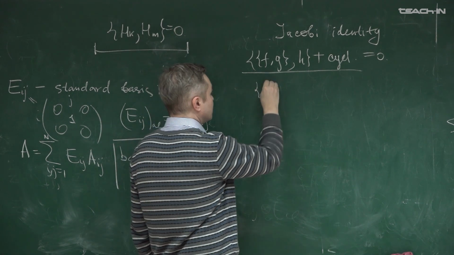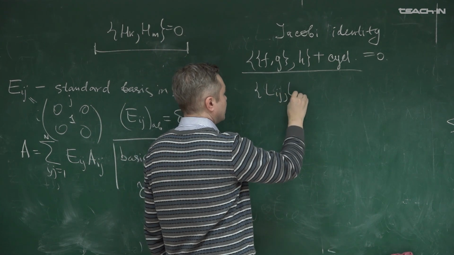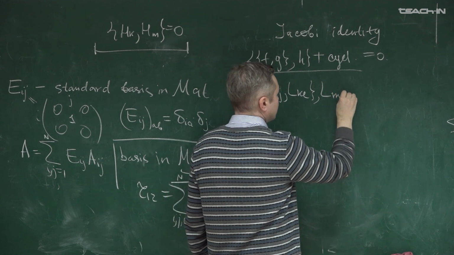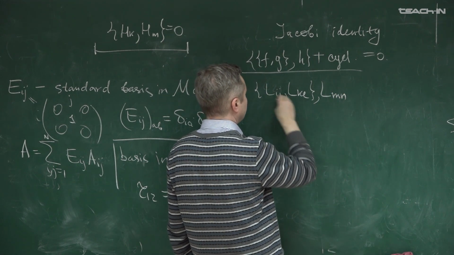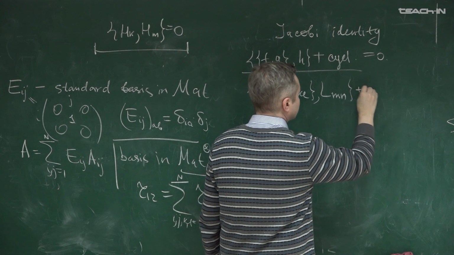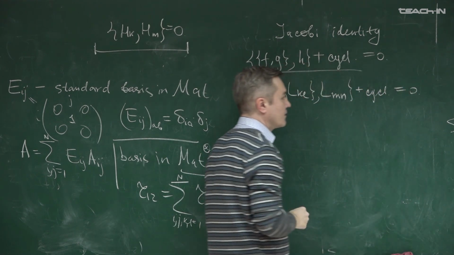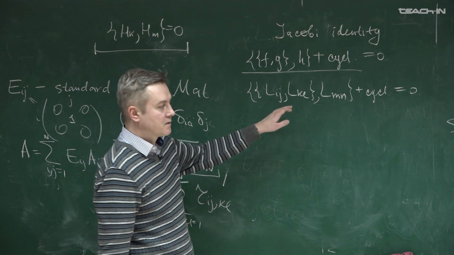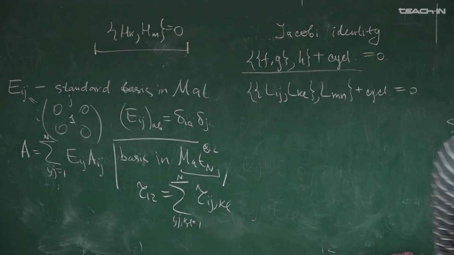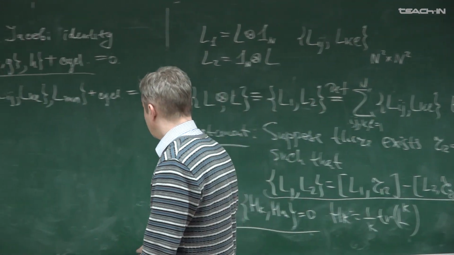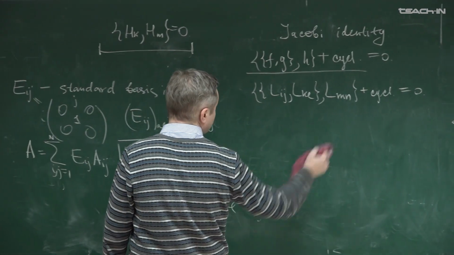So if you write down the Poisson bracket of Lij and Lkl, with Lmn, plus cyclic permutations, it should impose some restrictions on these coefficients.